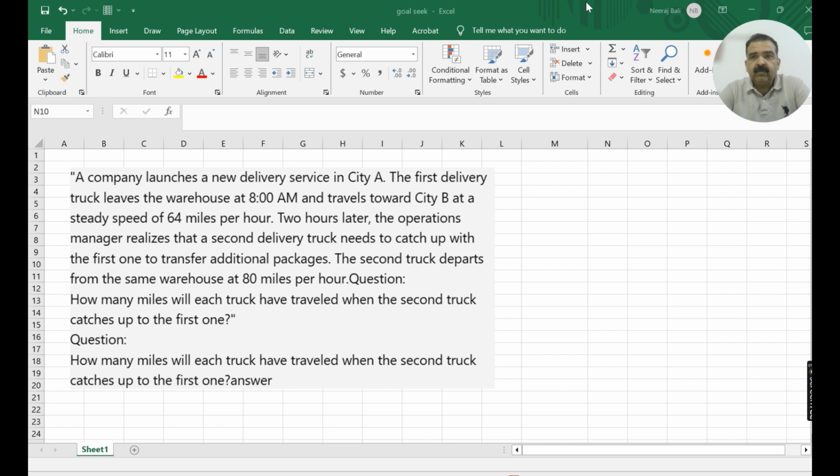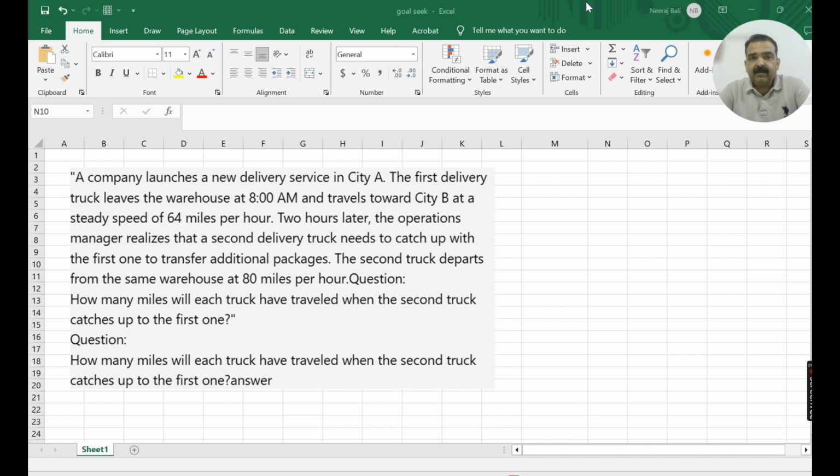So continuing with what-if analysis, today we have one numerical. In what-if analysis today we are going to learn about the goal seek option. This is the question we want to solve. A company launches a new delivery service in city A. The first delivery truck leaves the warehouse at 8 a.m. and travels towards city B at a speed of 64 miles per hour.